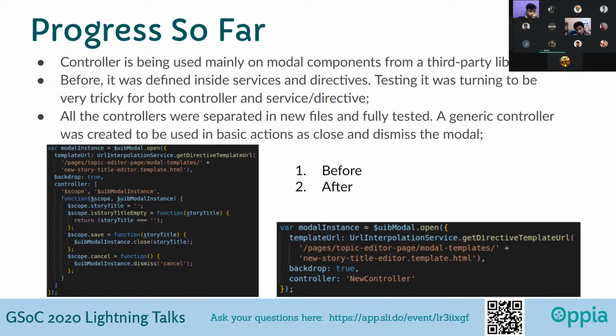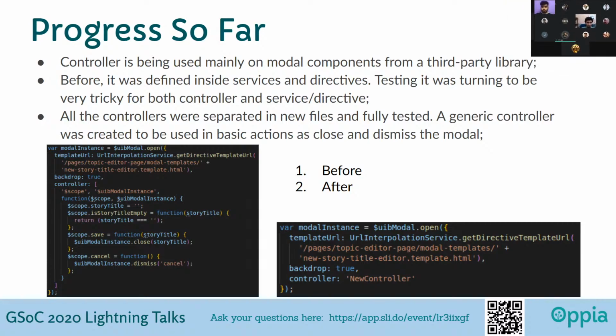So in the controllers, we used to use a lot of modal components from the third-party library, but it was very tricky to test them because they were defined inside the controller, service or directive, as you can see in the first picture.